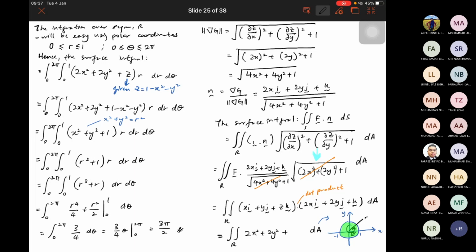Okay, that is the hasil of the integration. So ini satu contoh of the surface integral.